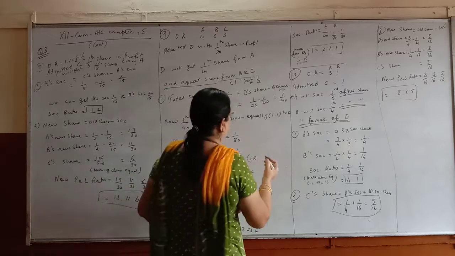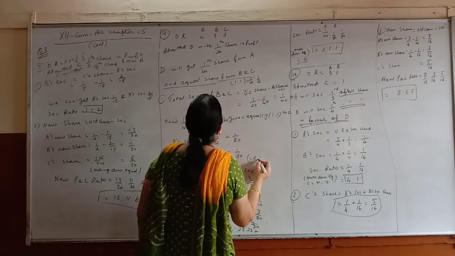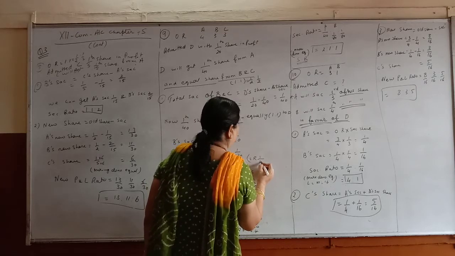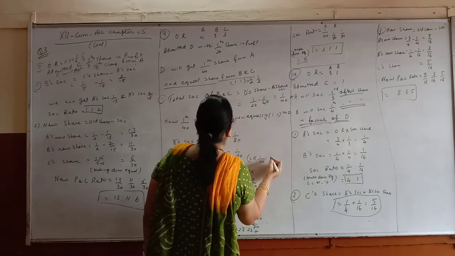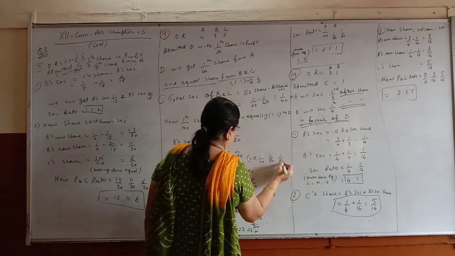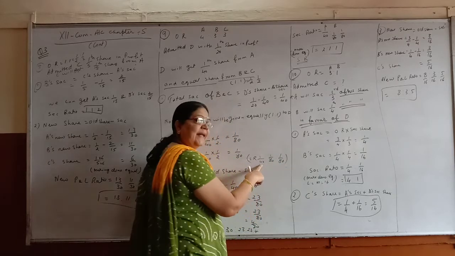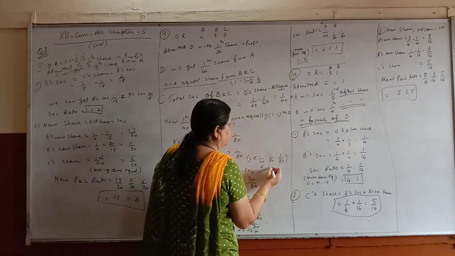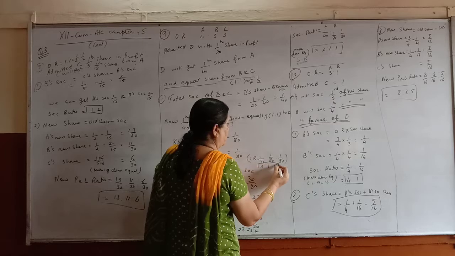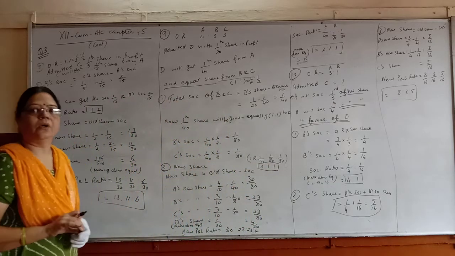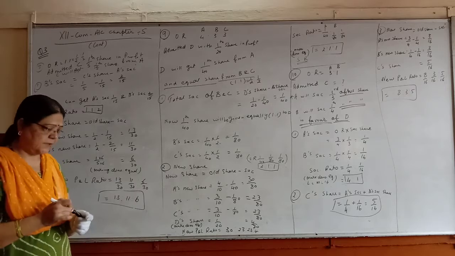So here, see children, you can do A is 1 upon 40, B is 1 upon 80 and C is also 1 upon 80. So making the denominator equal, you can find out the sacrifice ratio 2:1:1. So here we can work out the sacrifice ratio also, how much they have sacrificed.